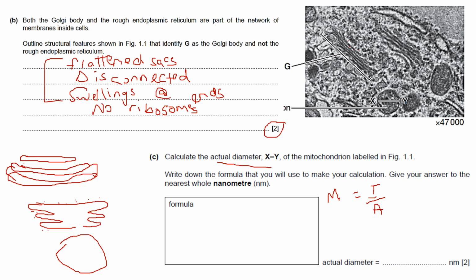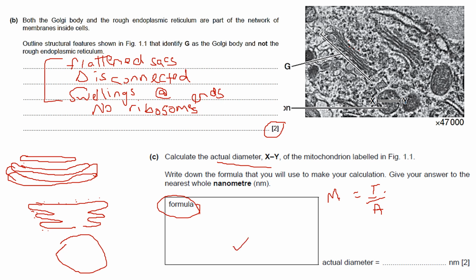Write it out in full, like image length over actual length, because sometimes when you write M is equal to I over A, that might not be in the mark scheme, and you tend to lose marks because I could be anything, A could mean anything. You get 1 mark for writing the formula correctly.